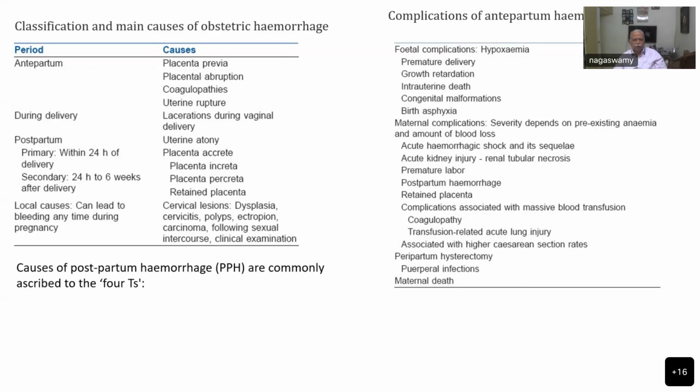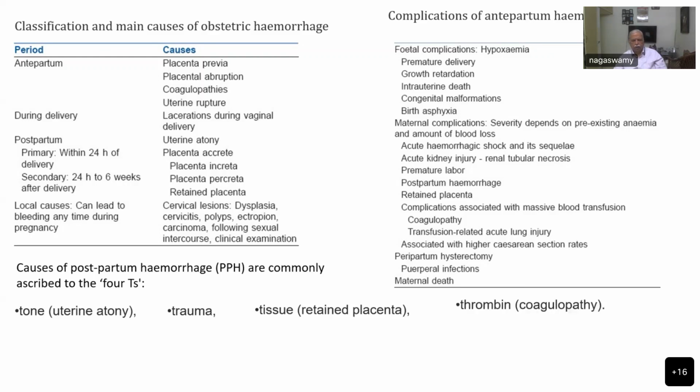And the causes of postpartum hemorrhage are commonly remembered by the mnemonic 4 T's, that is tone, which is the most common, trauma, tissue or retained placenta, and thrombin or coagulopathy. To this they also add another T, that is, whenever the hemorrhage is happening, do not wait.